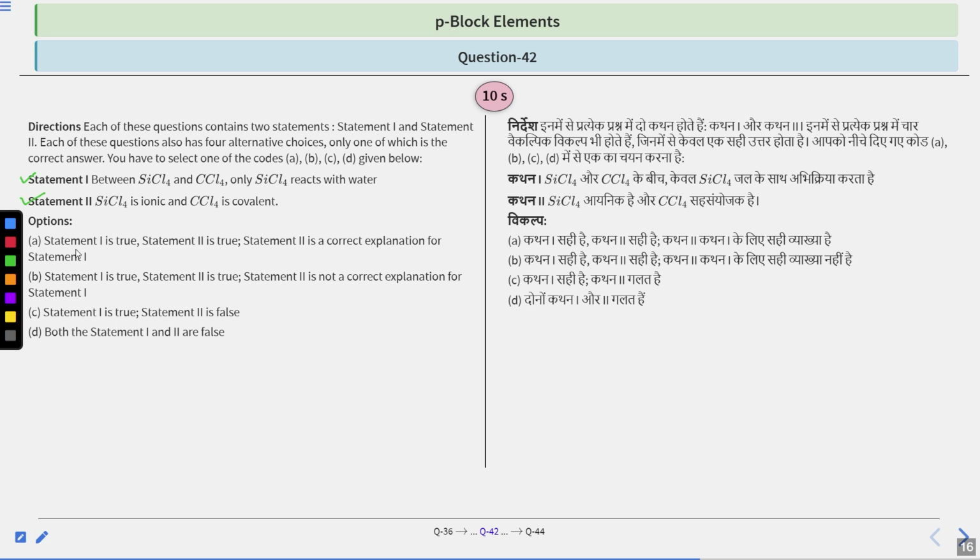Options are: statement 1 is true, statement 2 is true, statement 2 is a correct explanation for statement 1. Statement 1 is true, statement 2 is true, statement 2 is not a correct explanation for statement 1. Statement 1 is true, statement 2 is false, or both statements 1 and 2 are false. You have 10 seconds to solve this question. After that, we will see the answer.